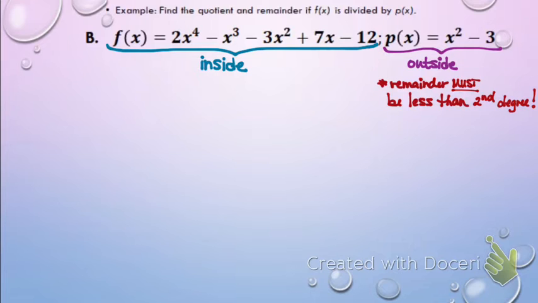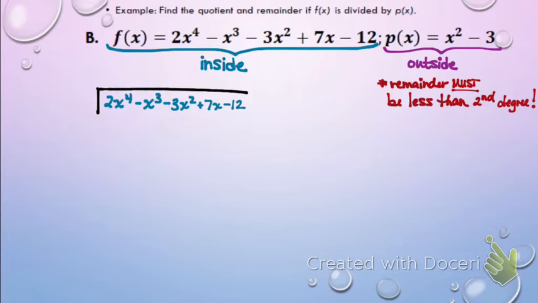So 2x to the 4th minus x cubed minus 3x squared plus 7x minus 12, with the divisor on the outside, x squared minus 3. And I have to keep going until my remainder is less than a second degree polynomial. How are we doing so far?